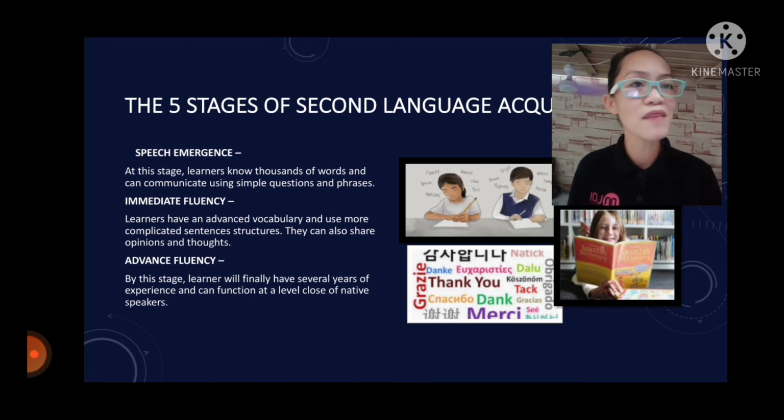So what this means is that in the advanced fluency of second language acquisition, the learners will finally have several years of learning that language. They have experience already to function like a native speaker of that language.